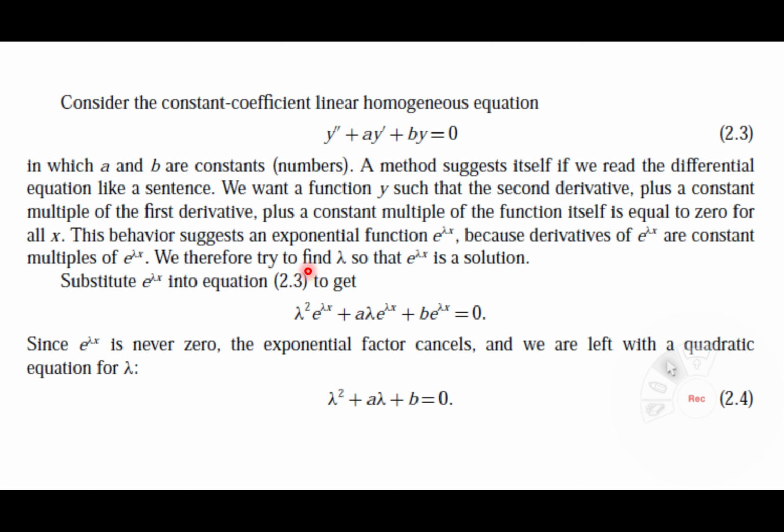We therefore try to find lambda so that e to lambda x is a solution. So our main problem is now narrowed down to lambda only, which is the power of the exponential function.